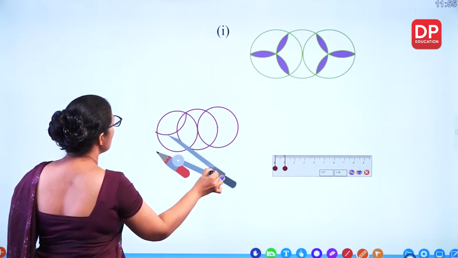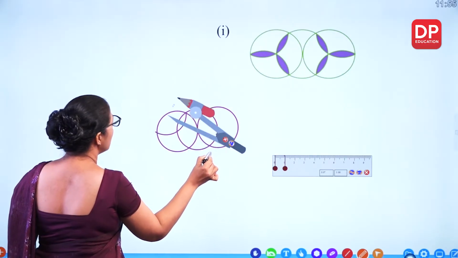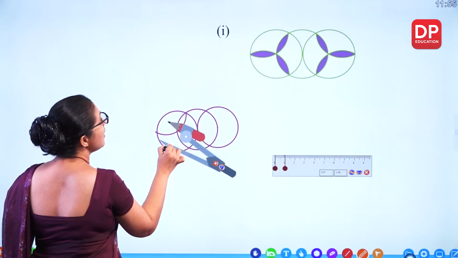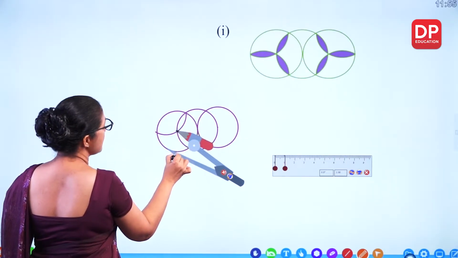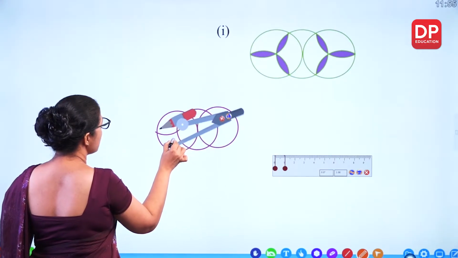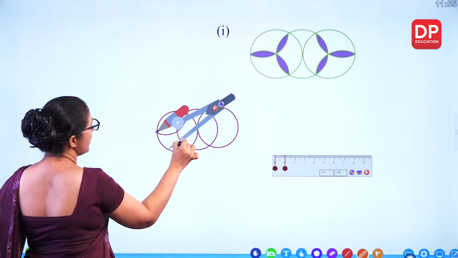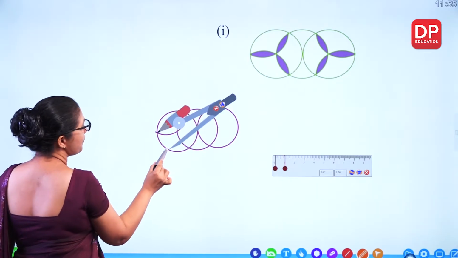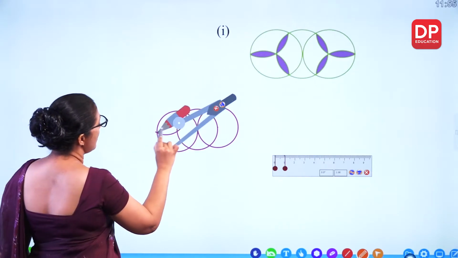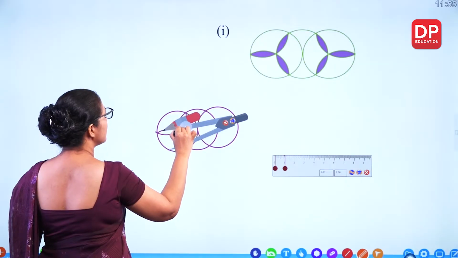Keep the center somewhere there so that this is the pencil point. Here we can change it now. See, this is the center and this is the pencil point. Now you can draw the other arc.